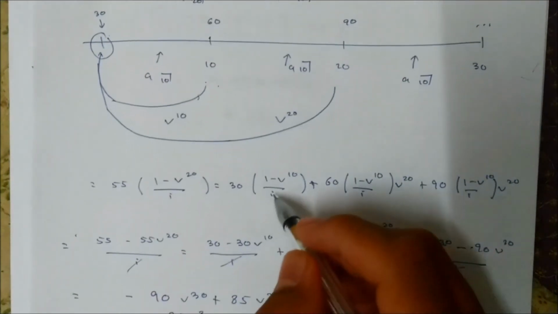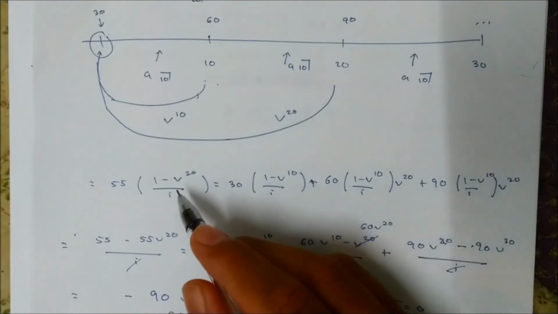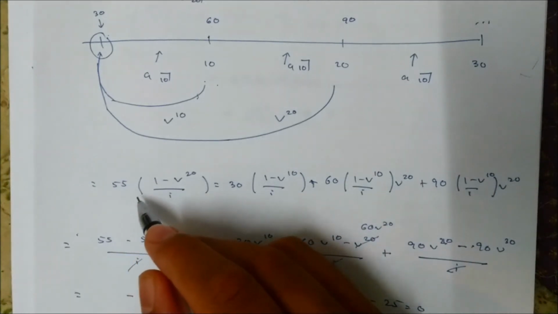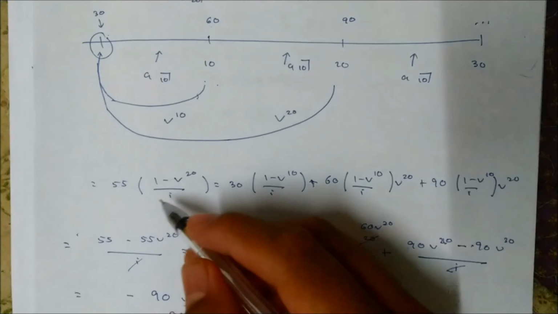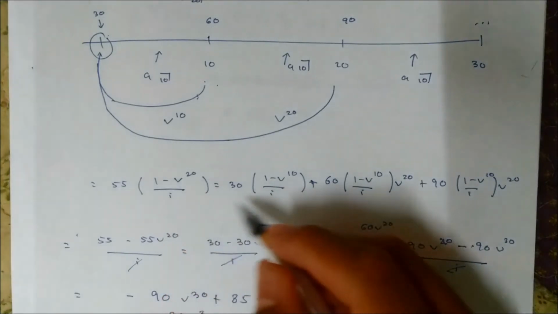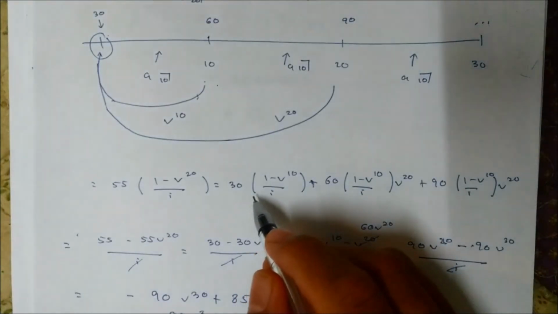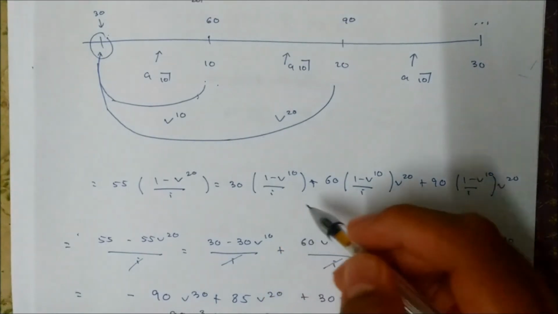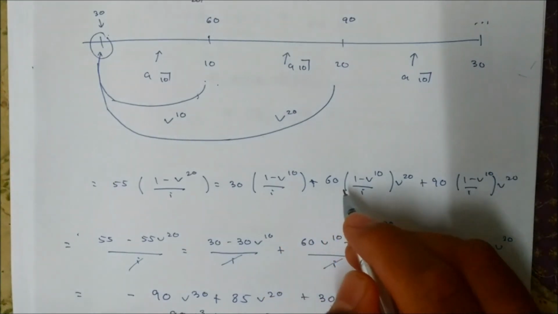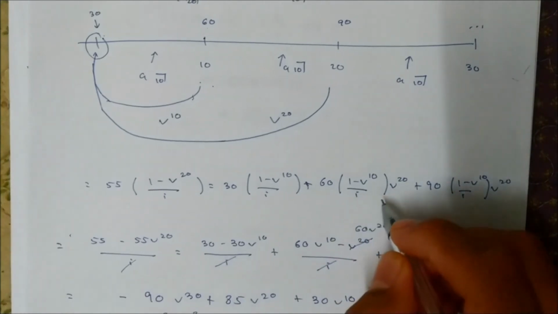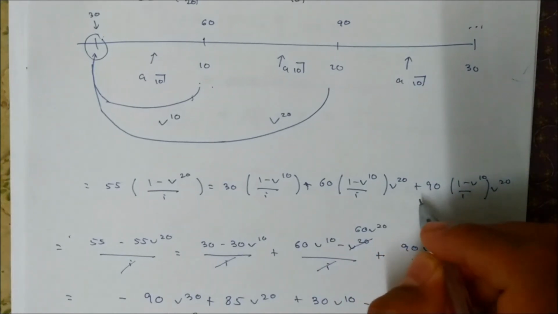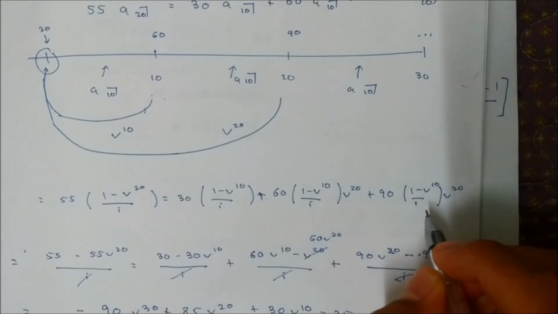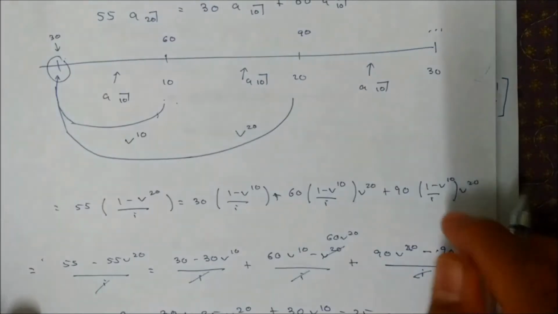So when we substitute into the equation, we will get 55 times (1 minus v to the power of 20) over i equals 30 times (1 minus v to the power of 10) over i plus 60 times (1 minus v^10) over i times v^20 plus 90 times (1 minus v to the power of 10) over i times v^20.